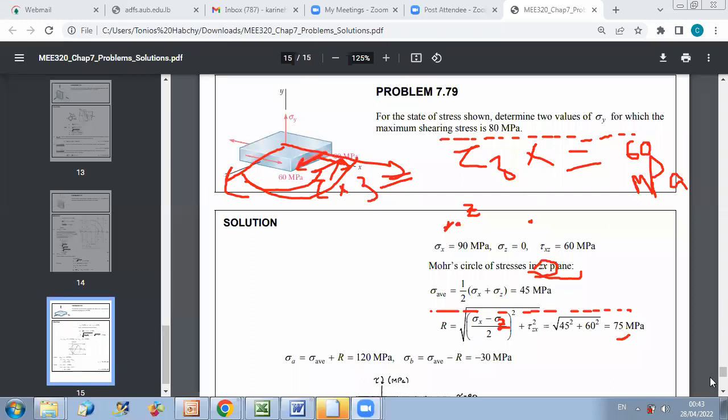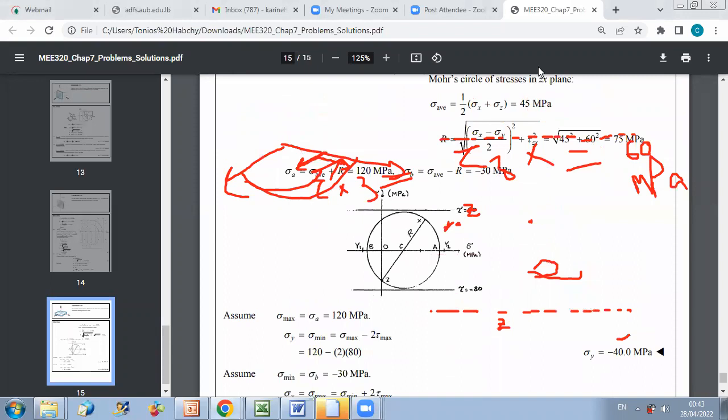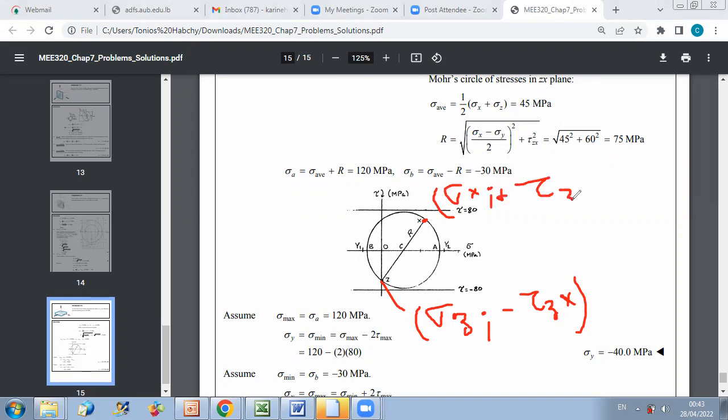If you want to plot the Mohr circle, for point Z the coordinates will be sigma Z, minus tau ZX. And for point X, you have sigma X, plus tau ZX. Now, once you put these two points, you can draw your circle.